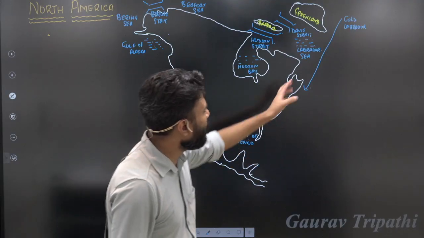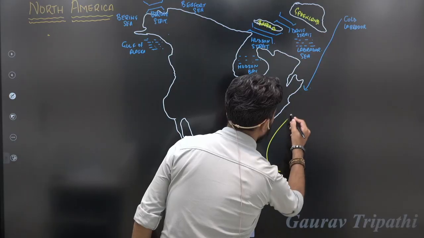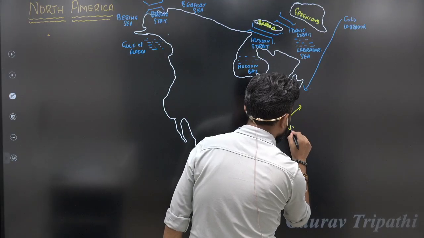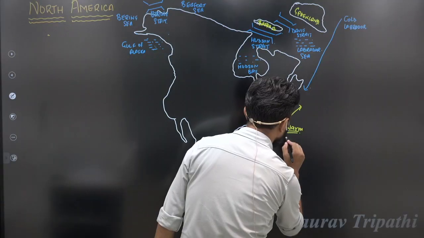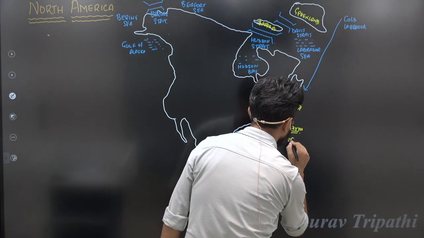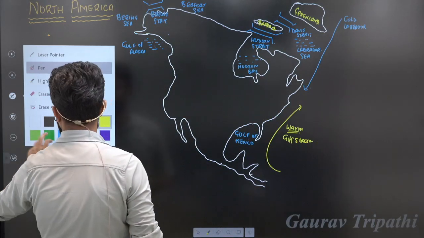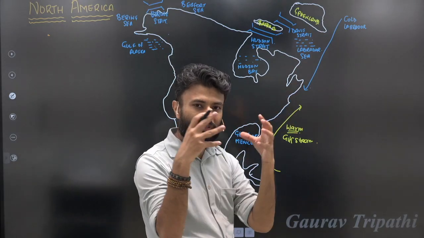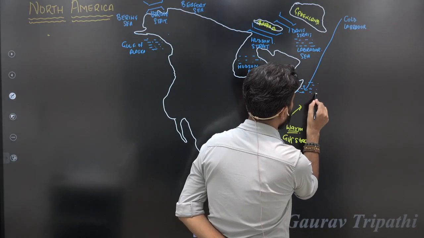Okay, and on the contrary, in this section here we have another important ocean current, but this one is a warm ocean current, and the name of this warm ocean current is Gulf Stream. This Gulf Stream and this Labrador current both meet at this specific location in the coastal areas.